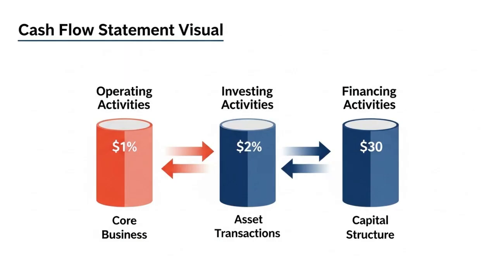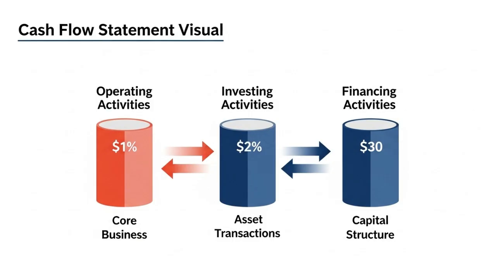The cash flow statement neatly categorizes all cash movements into three fundamental activities, each offering a distinct perspective on a company's financial dynamics. Understanding these three core sections is absolutely essential for anyone looking to truly decipher a business's cash flow narrative. First, we have operating activities, which reveal the cash generated from a company's primary day-to-day business operations.